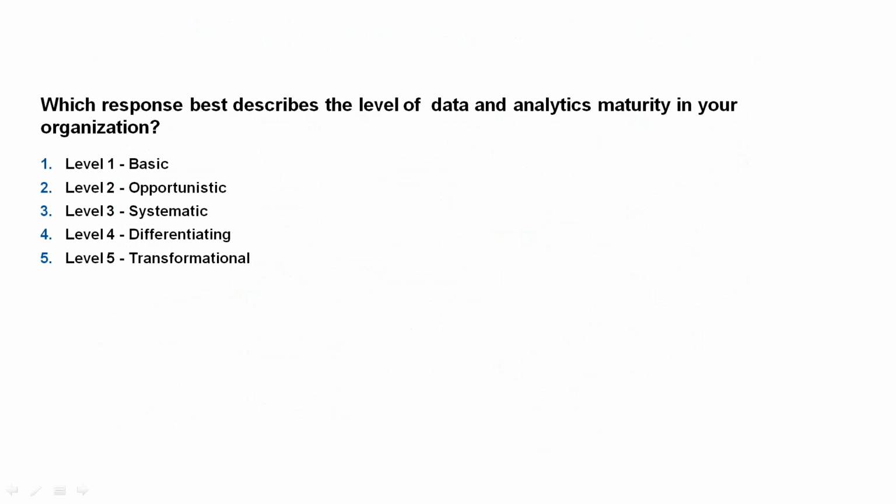And we need to see at which level my organization is, and how I should move. If I am in the opportunistic stage, we should think about how I can move to the transformational level. And if I am still in the basic stage, there are a lot of hops I need to make to reach transformational.